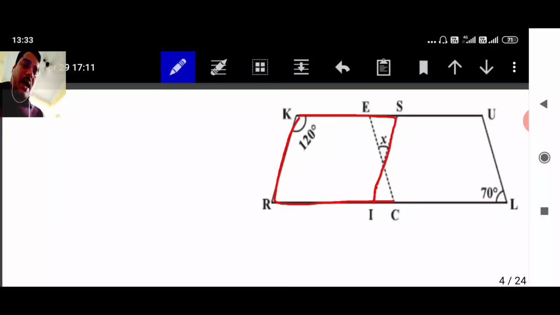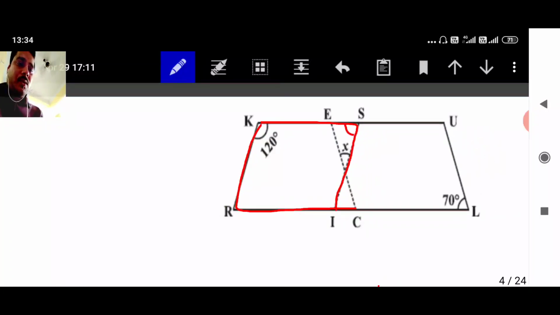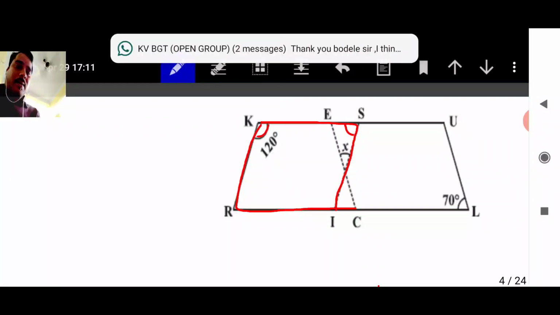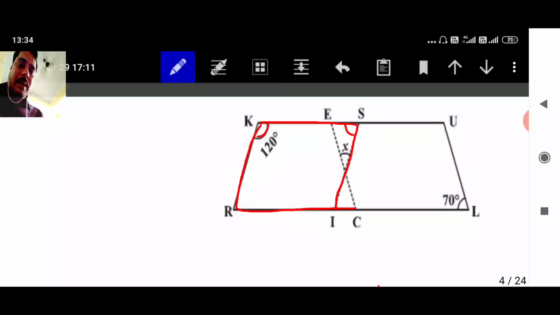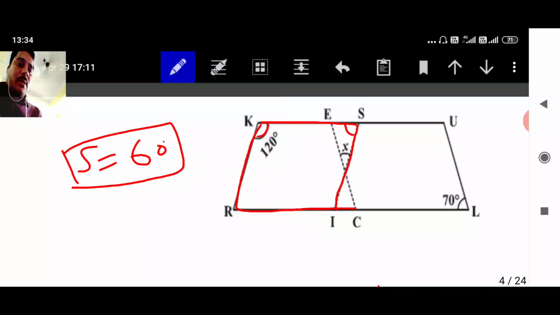So in RISK, if this is 120, what is the value of this angle? Because this K and S are adjacent angles, and adjacent angles in a parallelogram are supplementary. So value of S equal to 60 degrees. 120 plus 60, 180. Okay.